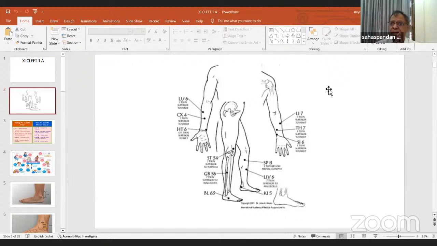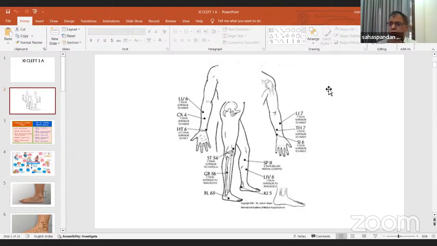And in the foot yin meridians, it is the spleen, liver, and kidney. Spleen has SP8 as its Xi-Cleft point, liver has liver 6, and the kidney has kidney 5.